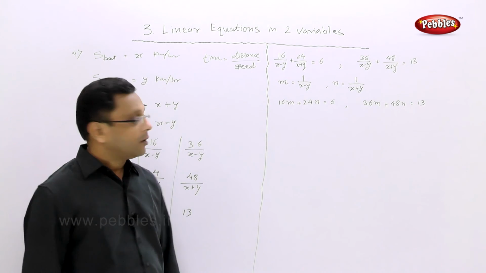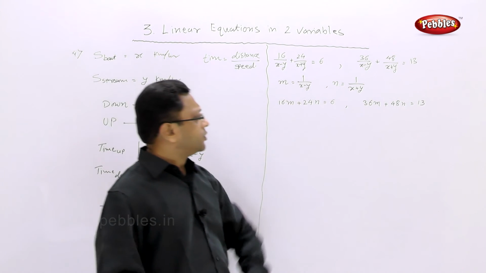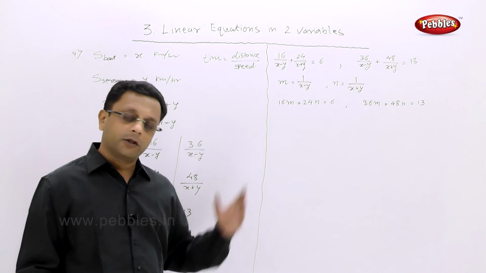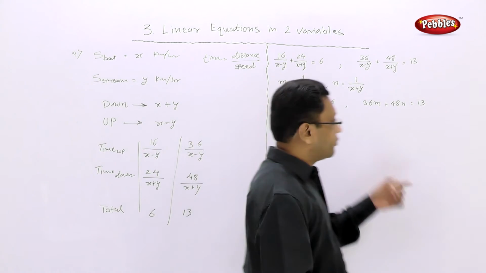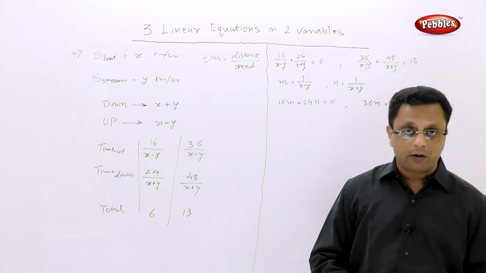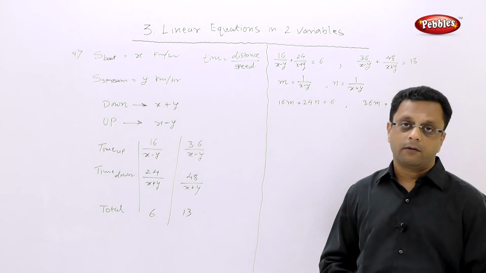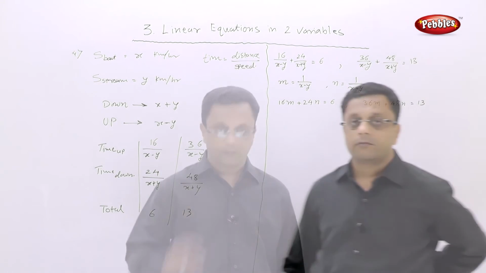Right? Now you have got these two equations. Can you solve these two equations simultaneously? Pause your video here and solve these two equations simultaneously to find out the value of m and n. Okay? Do it now.